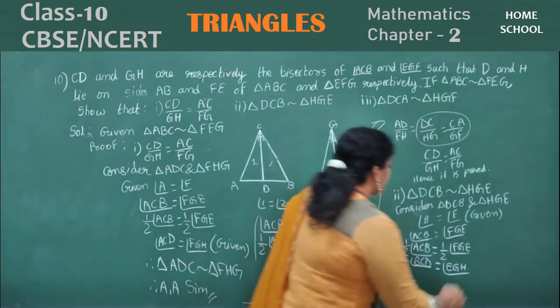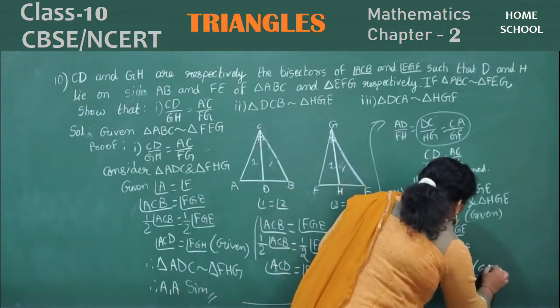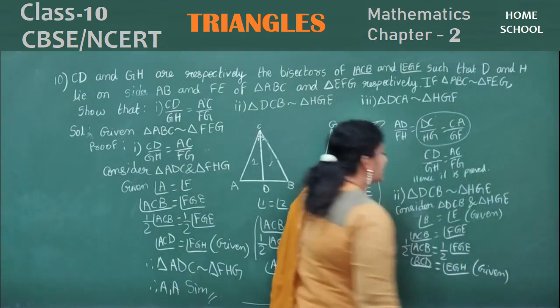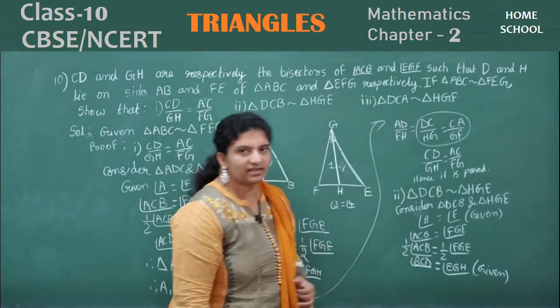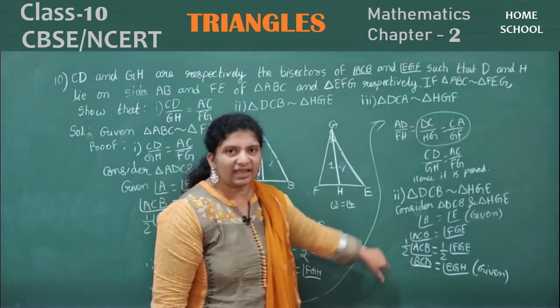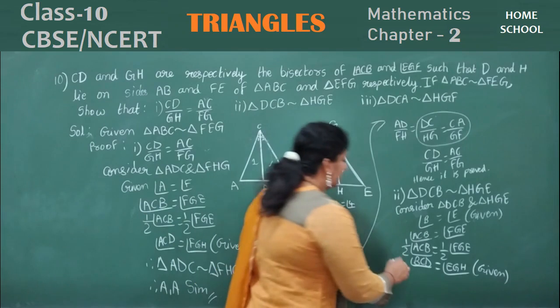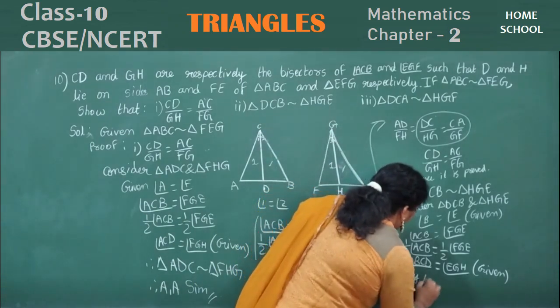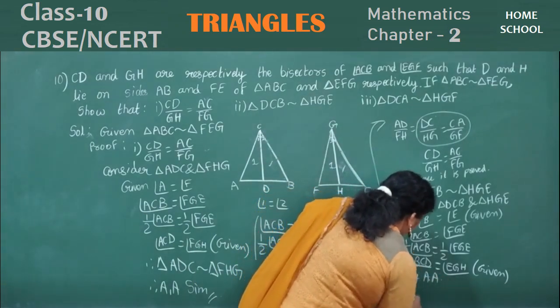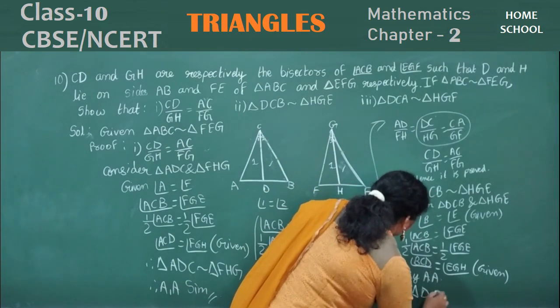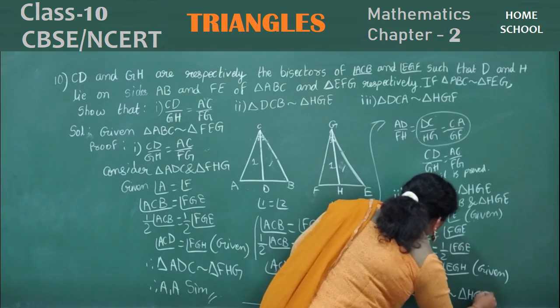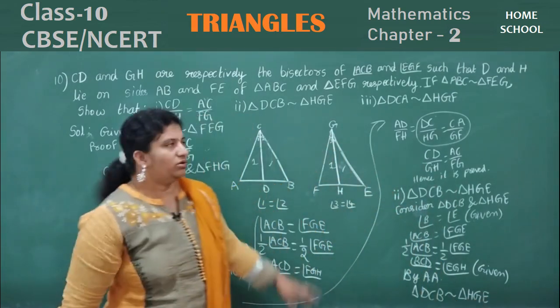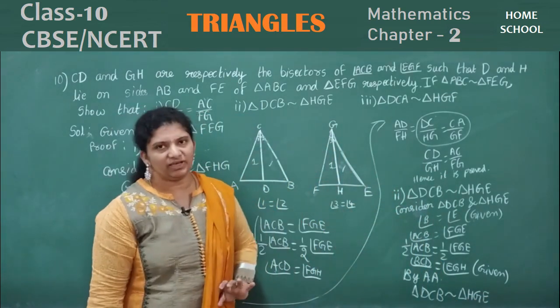So now, this is also given, children. Now, angular bisector, it is divided. Then half of that angle, then those two angles are equal. By angle-angle similarity criteria, by AA similarity criteria, I can say triangle DCB is similar to triangle HGE. Yes or no? The two triangles are similar.